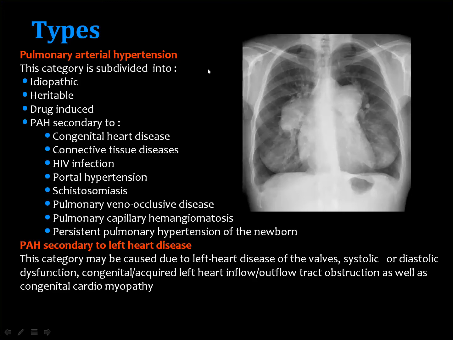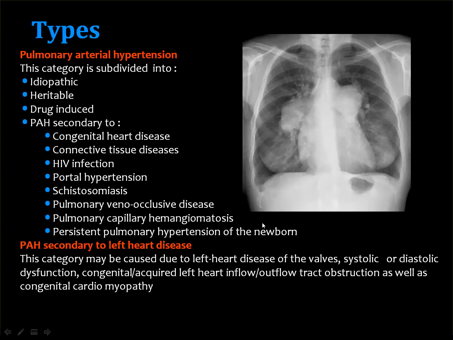And these are the types of pulmonary arterial hypertension: we have the idiopathic type or the heritable type, drug-induced, and pulmonary arterial hypertension secondary to any of these causes like congenital heart disease, connective tissue disease, HIV infection, portal hypertension, schistosomiasis, pulmonary veno-occlusive disease, pulmonary capillary hemangiomatosis, and persistent pulmonary arterial hypertension in the newborn.